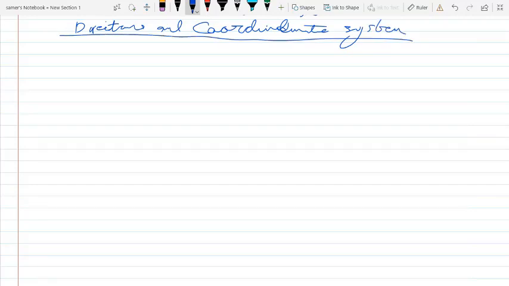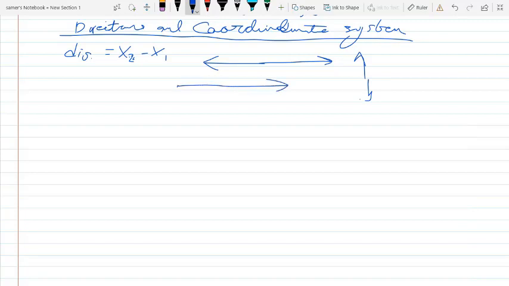Now, as we discussed in the last lecture, we defined the displacement as x2 minus x1. It matters whether you go right or left, up or down, east, west, north, south. So the displacement includes not only how far, but also in what direction.